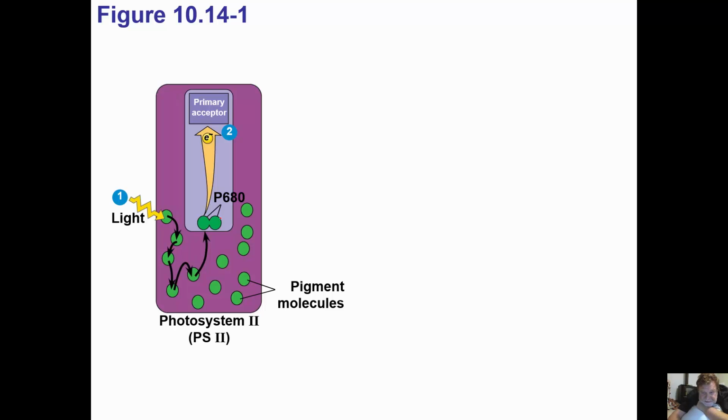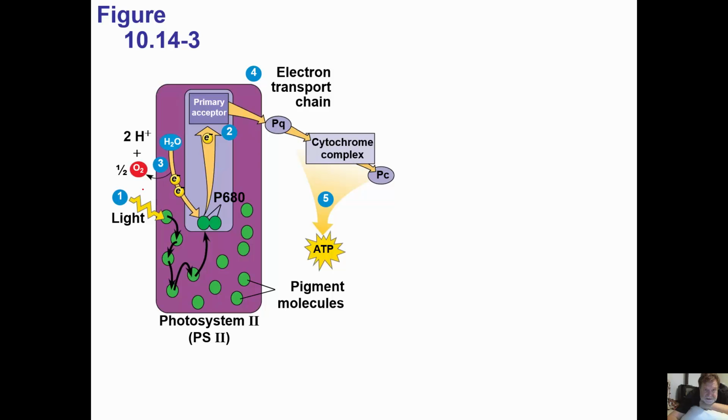Here are the pigment molecules. The light excites electrons that are given to the primary acceptor, giving us P680+. Again, how this happens is that we strip electrons from water, and we release oxygen.